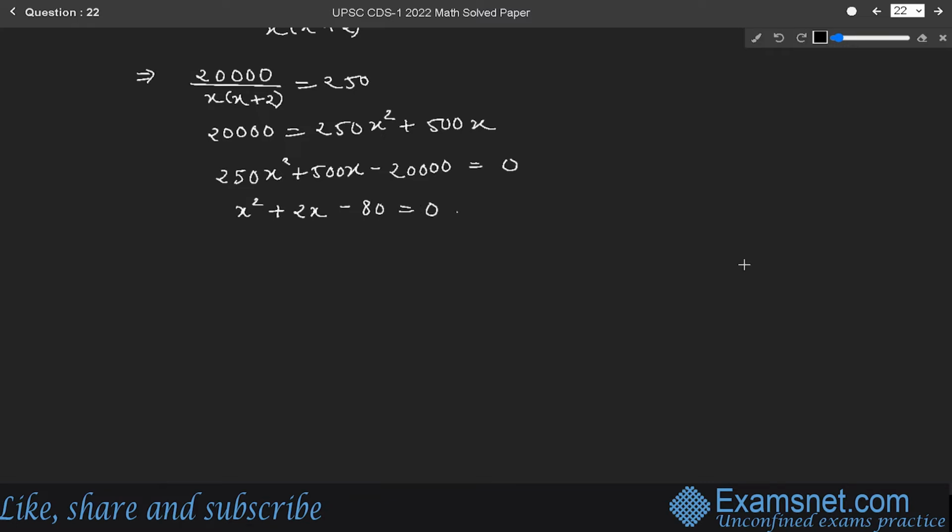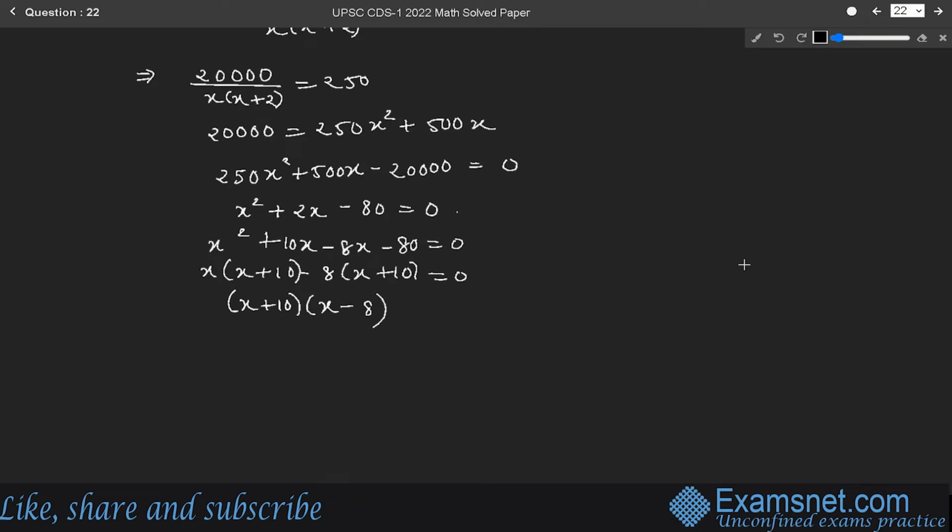Now we have to find the factors for this equation. So it will be x square plus 10x minus 8x minus 80 is equal to 0. Taking common, it will be x into x plus 10 minus 8 into x plus 10 is equal to 0. So the factors are x plus 10 and x minus 8.